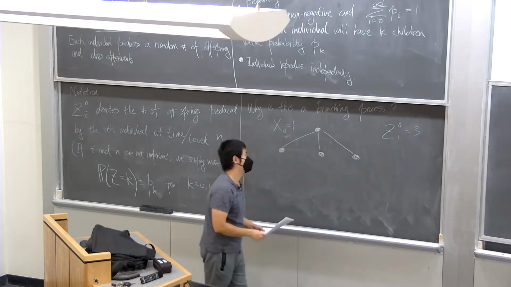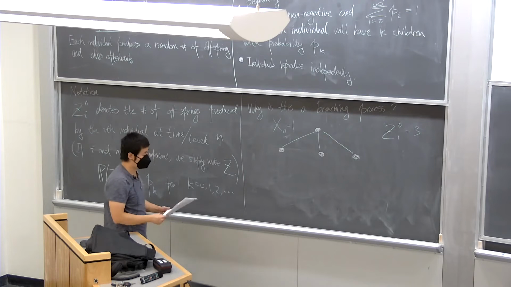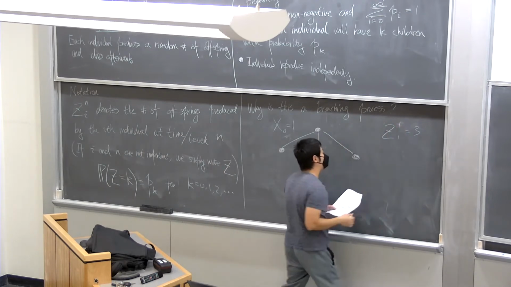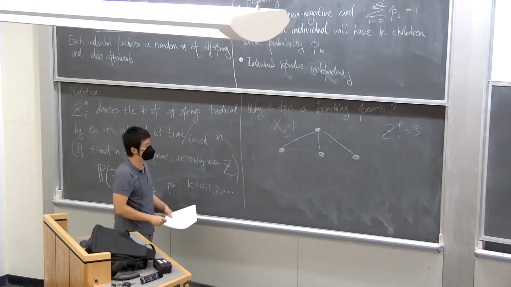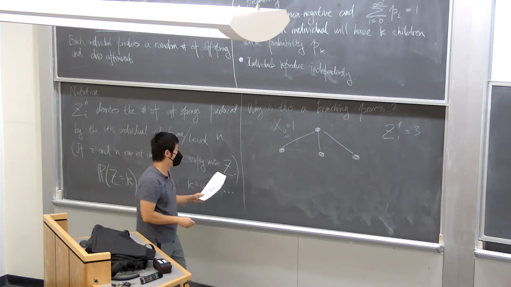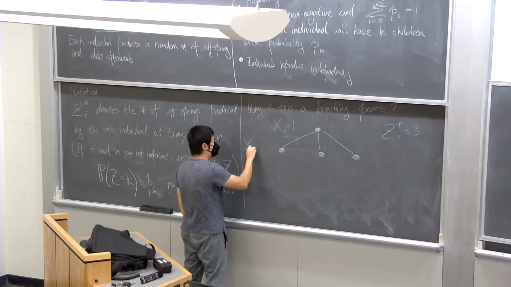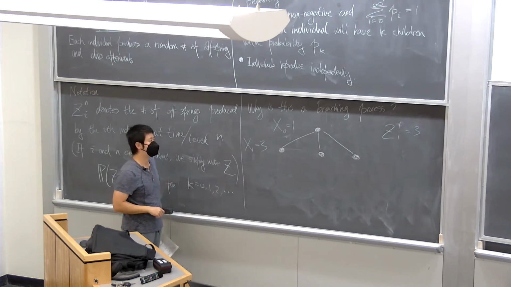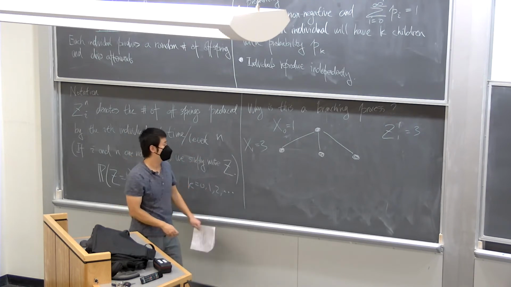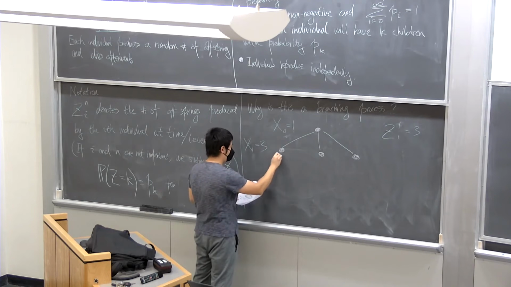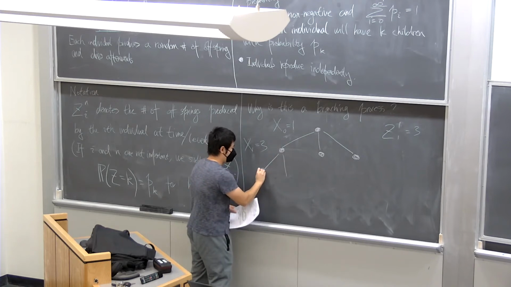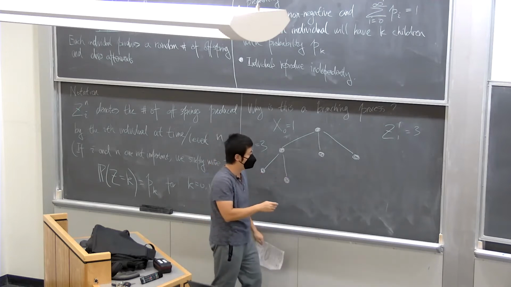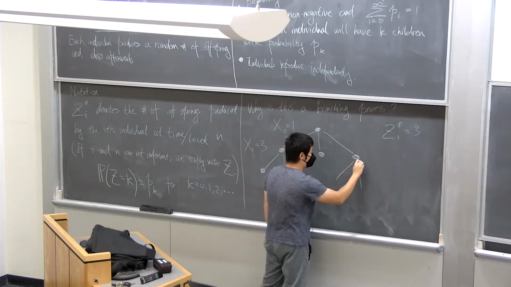Right? So that means in the 0th time step, and okay, maybe for the notation, I'll just write that small. Yeah. So at time 1, it produces 3 offspring, and in this case, this means x1 now is 3, right? So remember the x just counts the number of individuals in total, and in this case here, let's say this one splits into 2 in the next time step, and this one just doesn't produce anything, and this one produces 3.